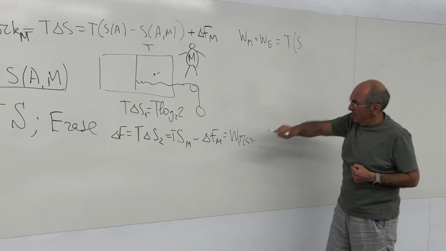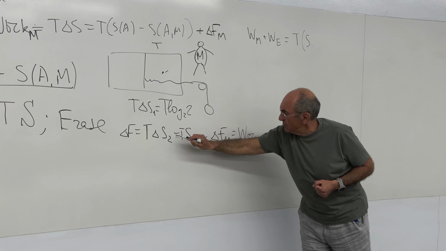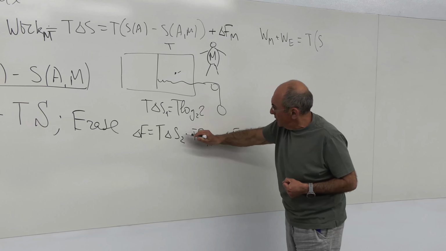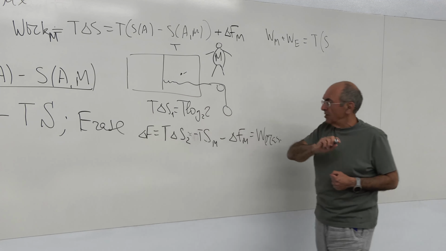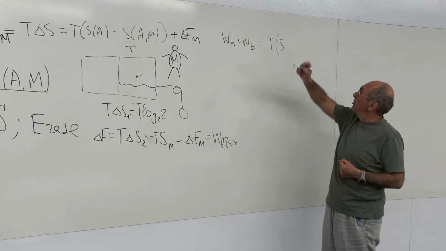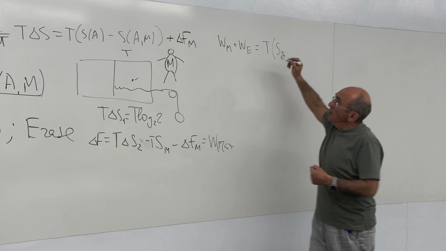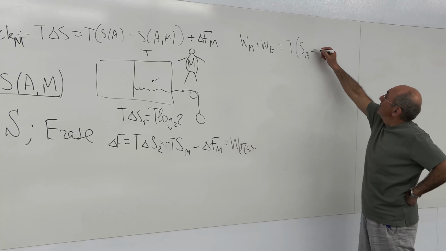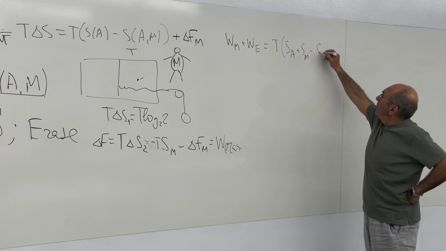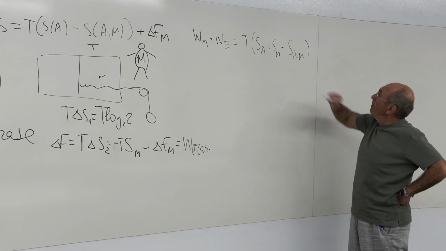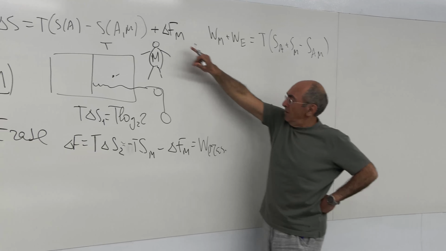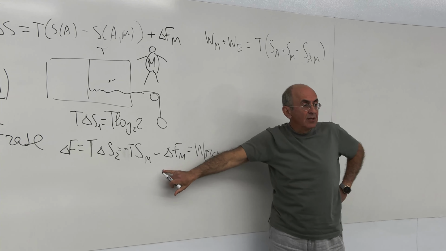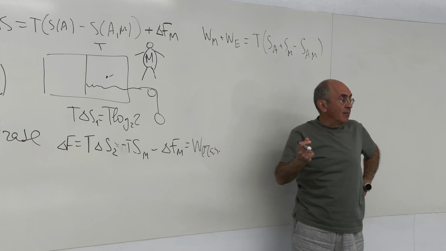You would get T, and this will come with a minus, right? Both come with a minus because now you are erasing information, so you're increasing the energy. So you would get S_A plus S_M minus S_AM, and this guy cancels that guy. So this is the cycle.